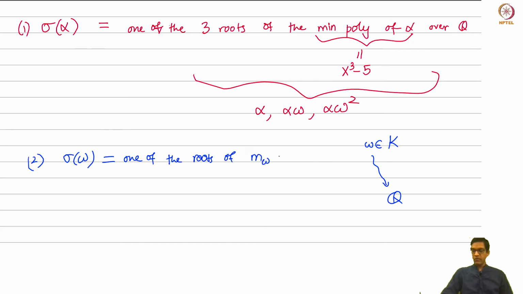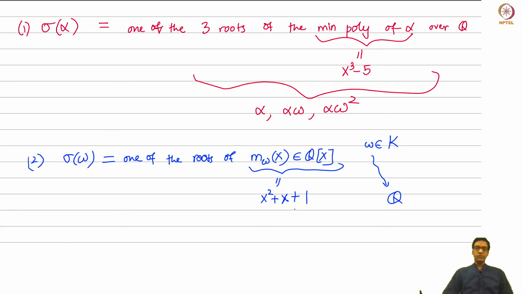Let's call it m omega of x. Now what is that? Well, it's actually the same polynomial, x square plus x plus 1. We already know what polynomial omega satisfies over Q. It's just x square plus x plus 1, and this is of course irreducible.